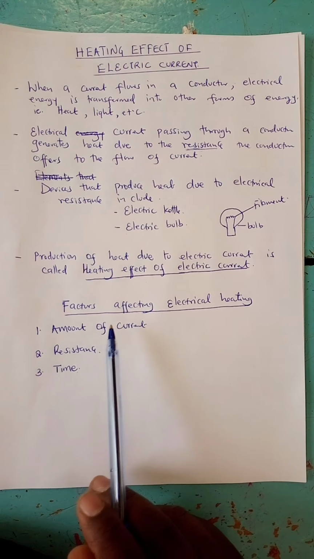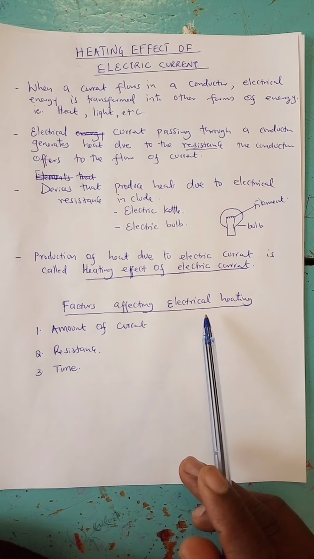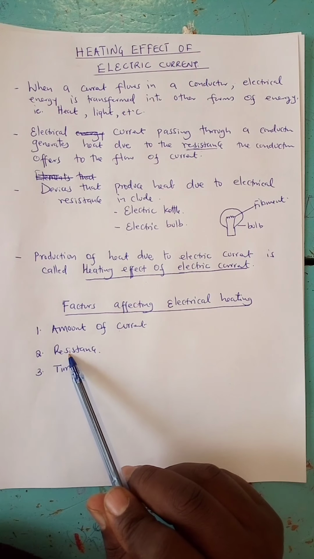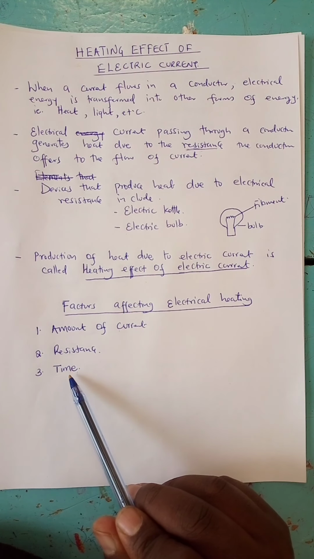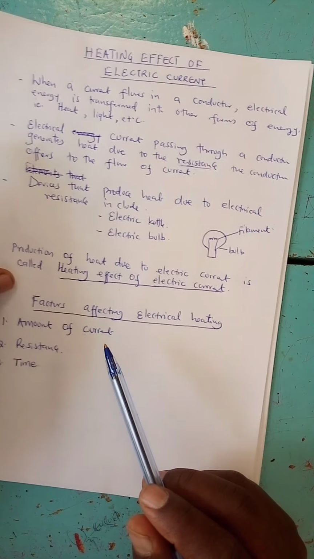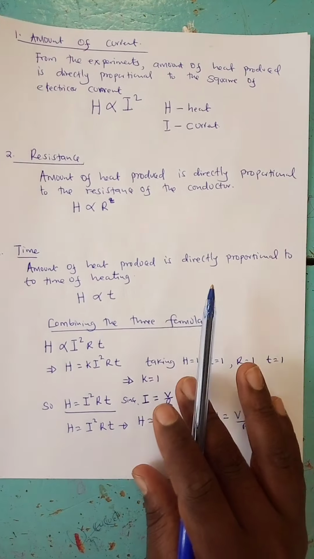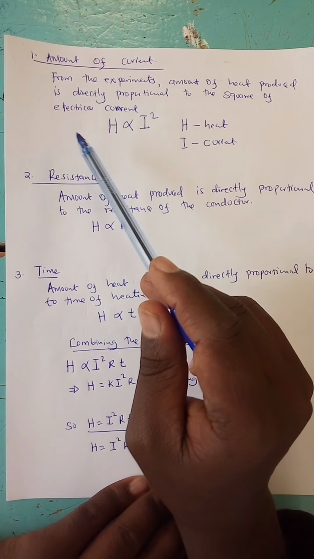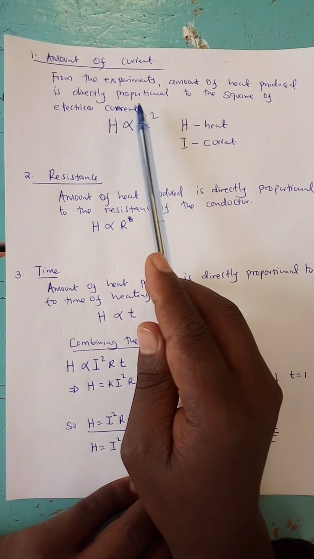So we have the factors affecting electrical heating. We have number 1, amount of current. 2, the resistance of the coil. 3, the amount of time you subject the coil to the current. So let's look at each factor one by one. The first one is the amount of current.